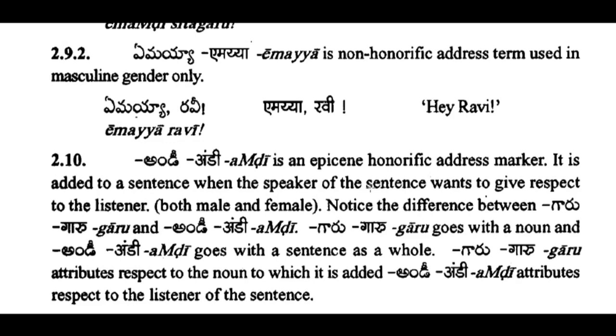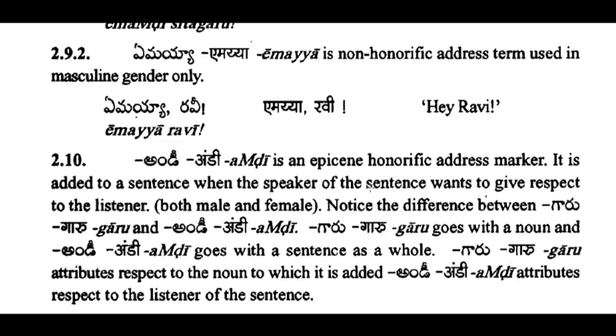Then the reply can be like this. Kanipistundi means it appears. Again, if you want to show respect, you can always add Andi: Kanipistundandi. Kanipistundi plus Andi. You said Avunu.